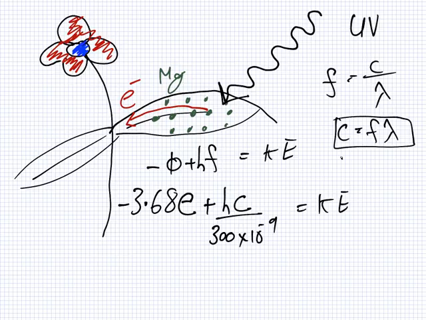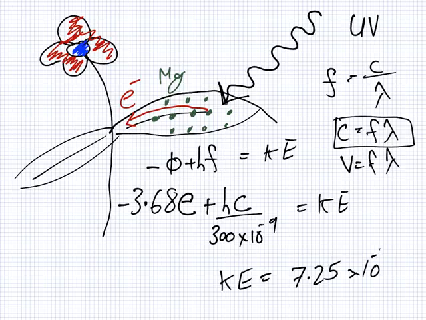You might remember it like this, Grace: v equals f lambda. Right, so let's calculate the kinetic energy here. Kinetic energy is 7.25 times 10 to the minus 20 joules.